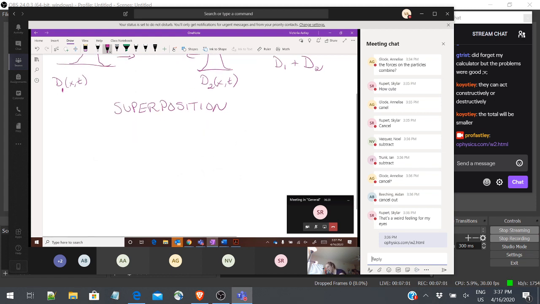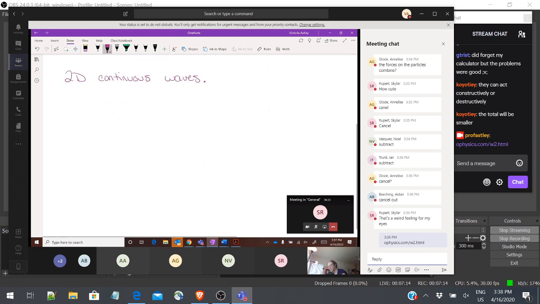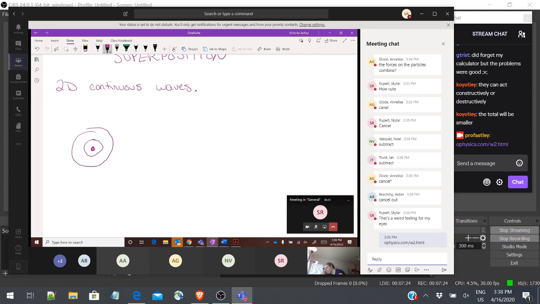What about if we have a set of two-dimensional continuous waves, right? So they make those outgoing rings, right? So we have outgoing, pretend that's a circle, right?